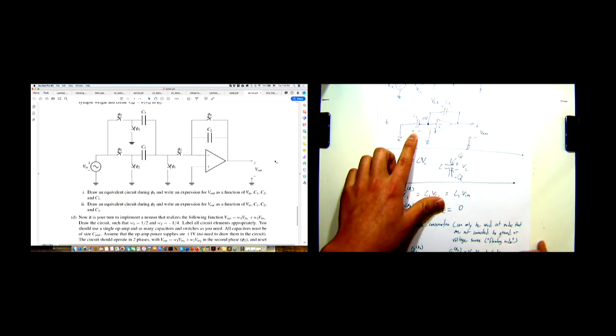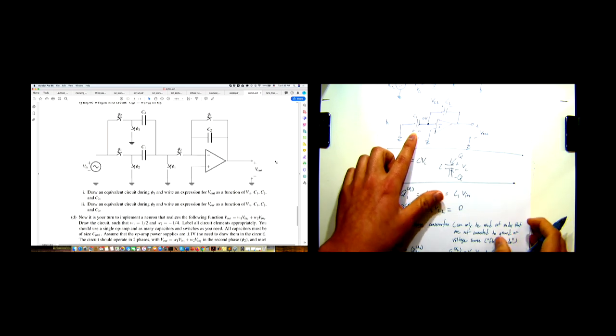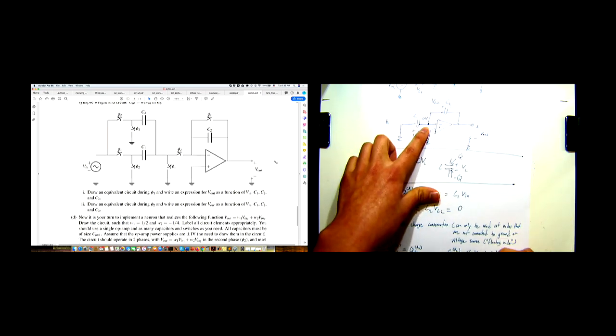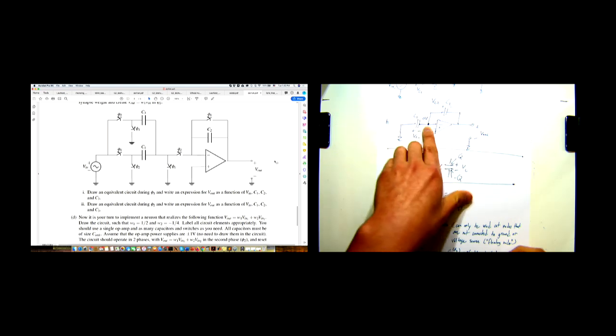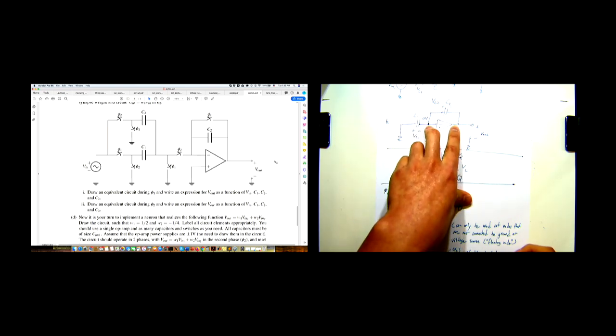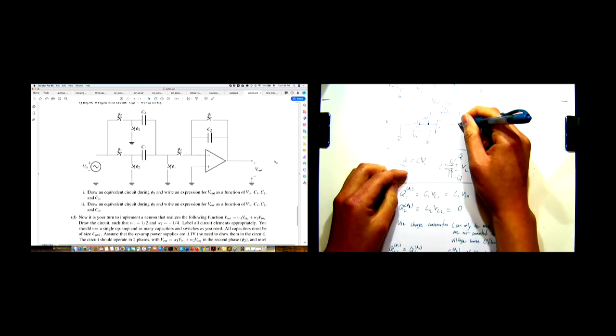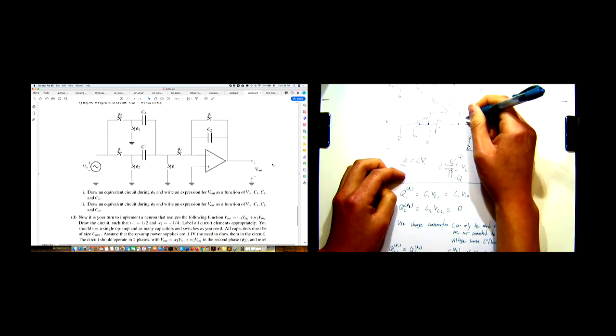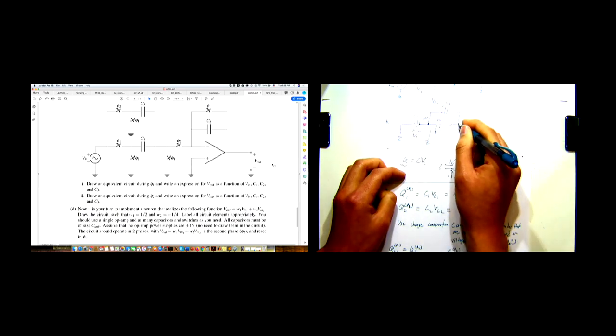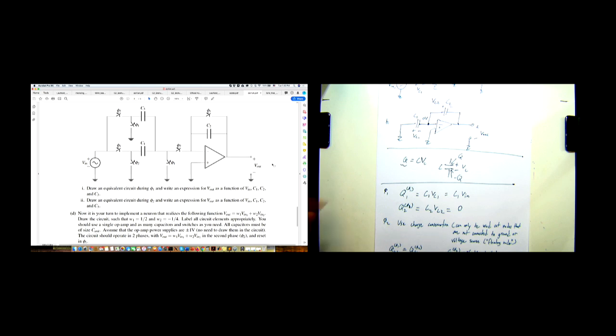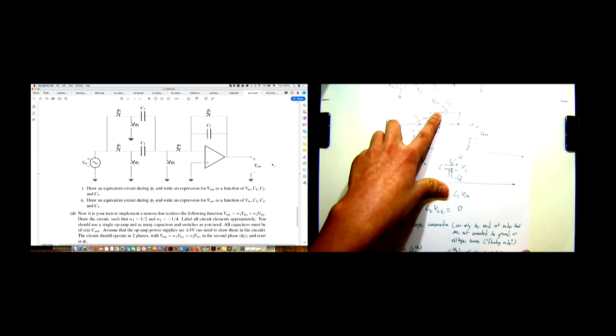There's 0 charge on the first capacitor, and then the second capacitor, we have V out here, but then we define VC2 sort of in the negative polarity to V out, so then we have negative C2 V out.